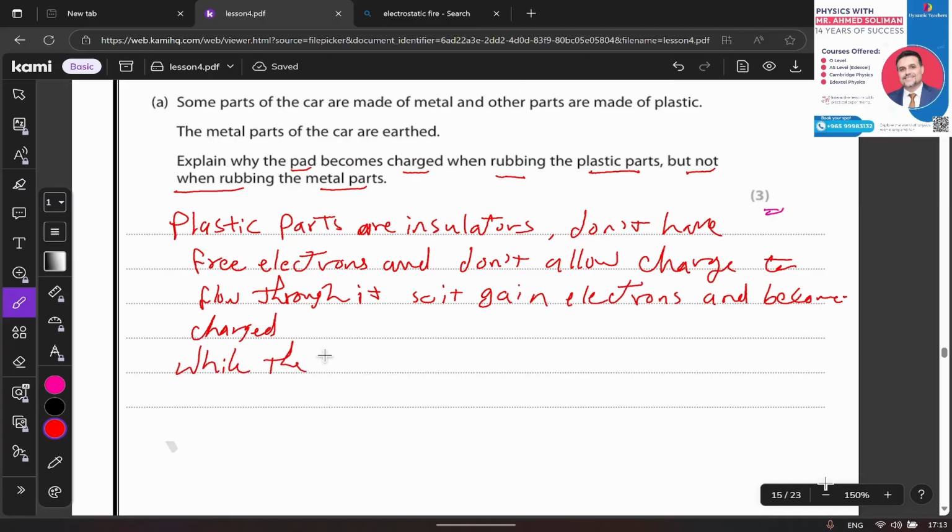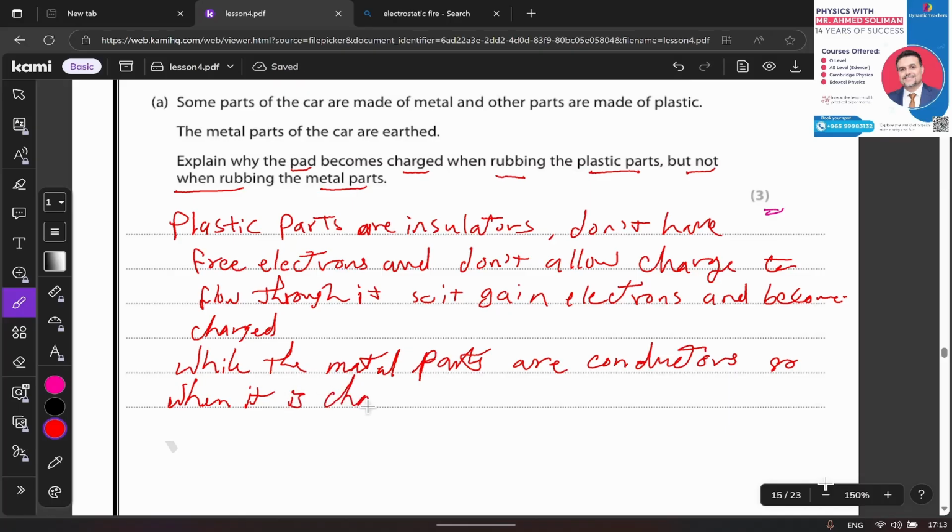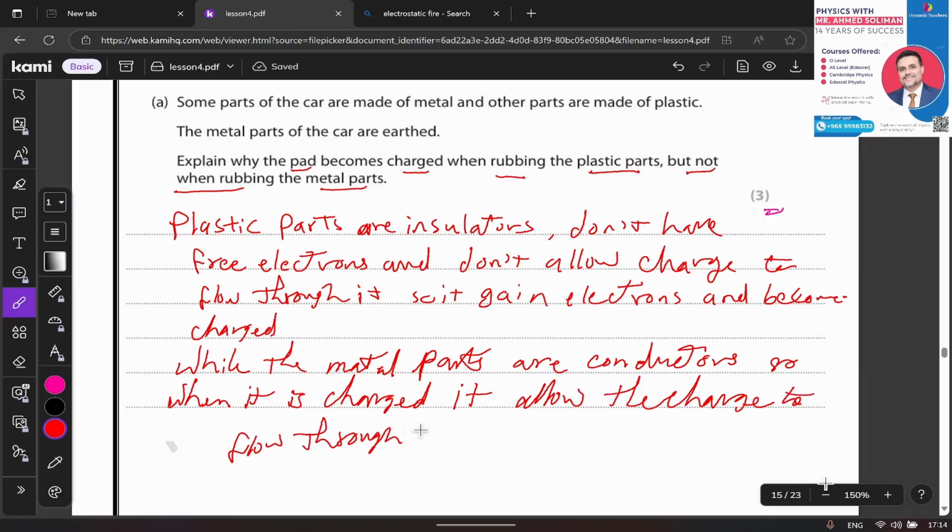While the metal parts are conductors. So when it's charged, they allow the charge to flow through it to the ground.